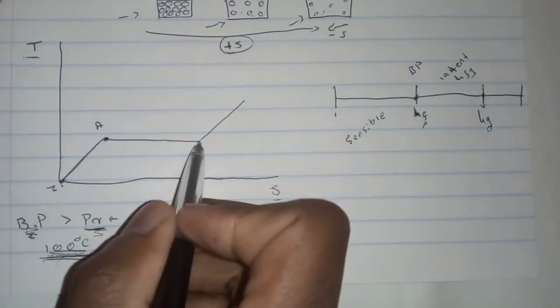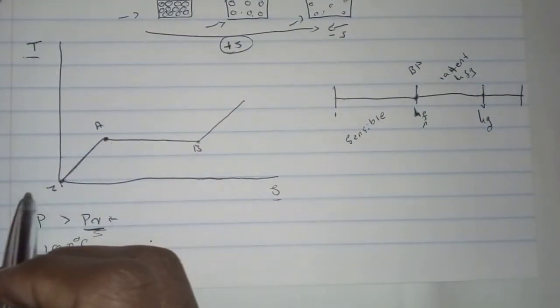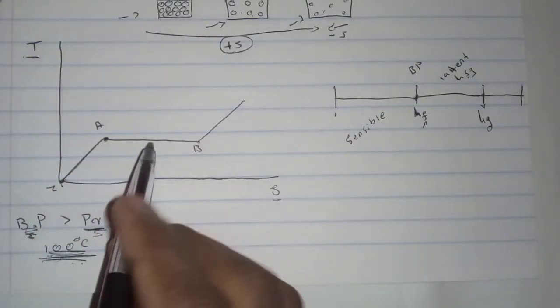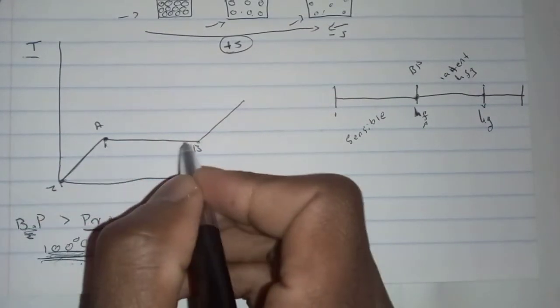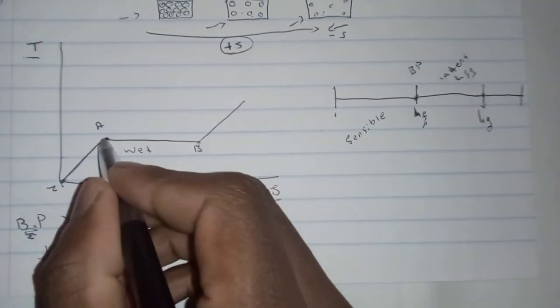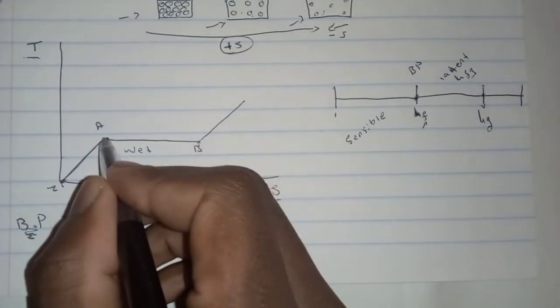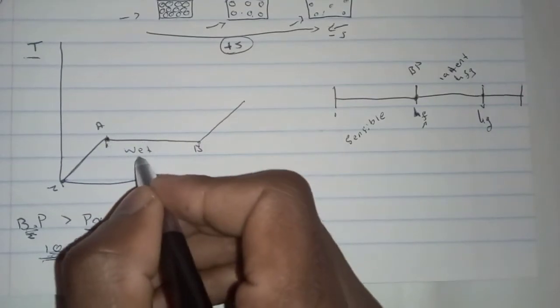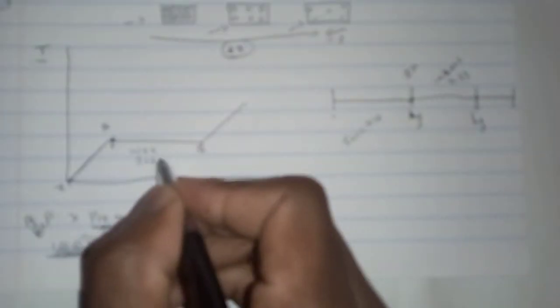So from A to B, the heat energy that is supplied is used to convert the water to steam, meaning between these 2 points we are having wet steam, because steam and water coexist between these 2 points.